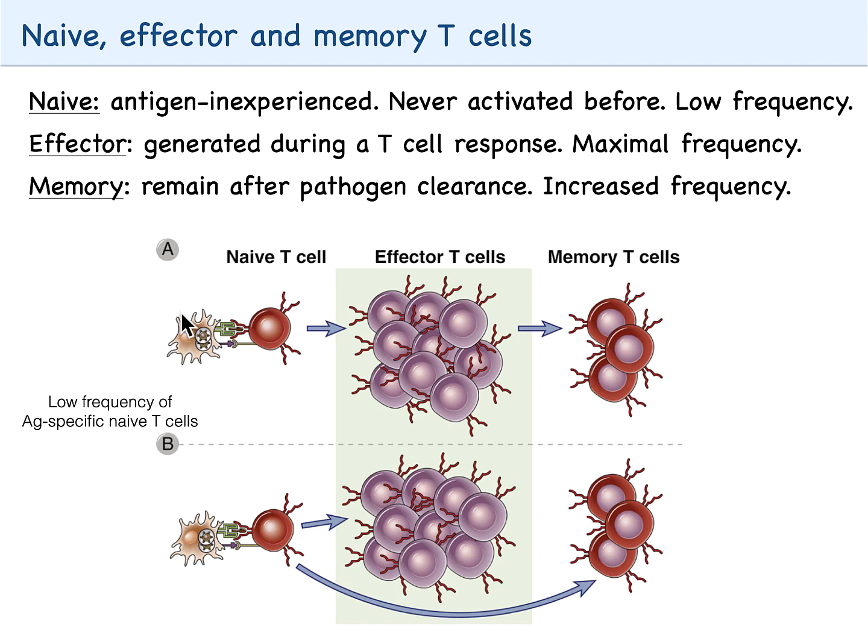So there are two models for this differentiation. One model is linear. You have a naive T cell that, once it gets activated via MHC class 1 and TCR by a dendritic cell, will undergo clonal expansion. After the pathogen is cleared, most of the cells will die, and the remaining ones will become memory T cells. Now, there is also another school of thought.